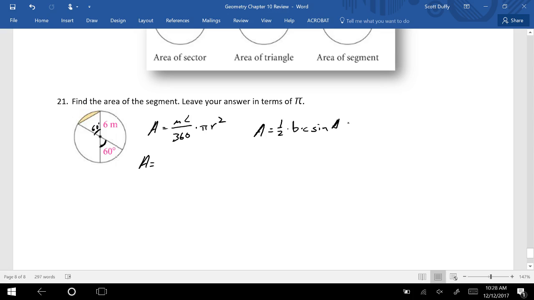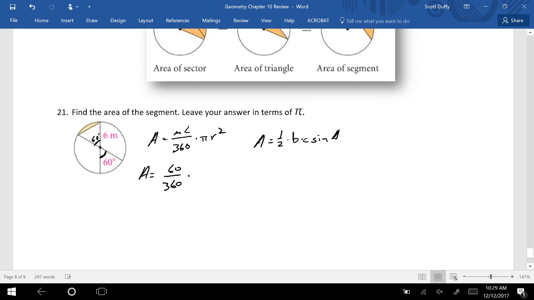The measure of the angle is 60 degrees. Pi times the radius of 6 squared. Multiply that out, and I'm actually not going to leave it in terms of pi. I'm sorry, guys. I'm scratching this out.